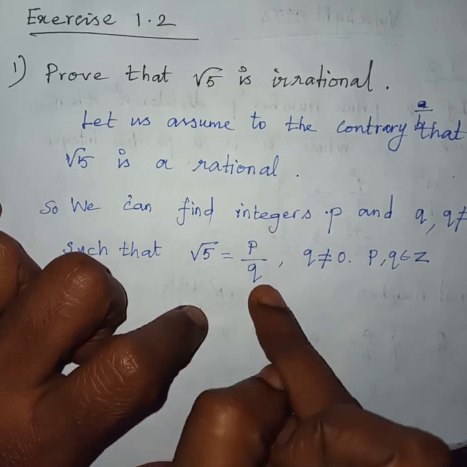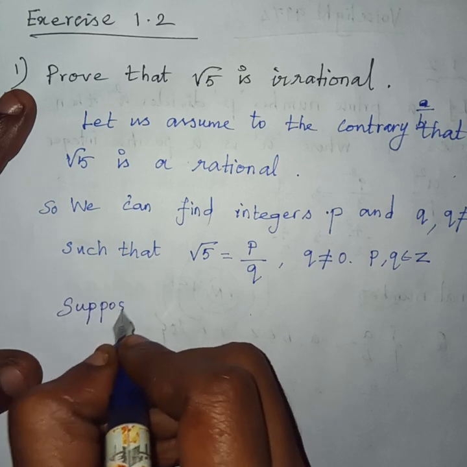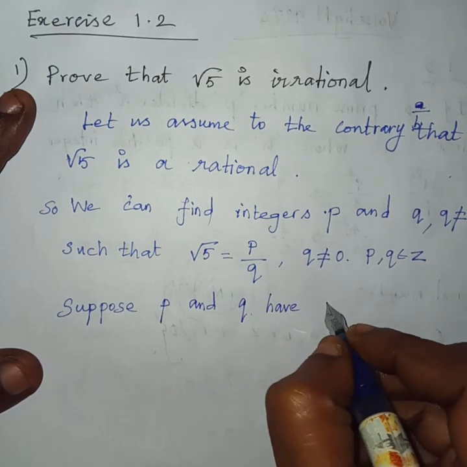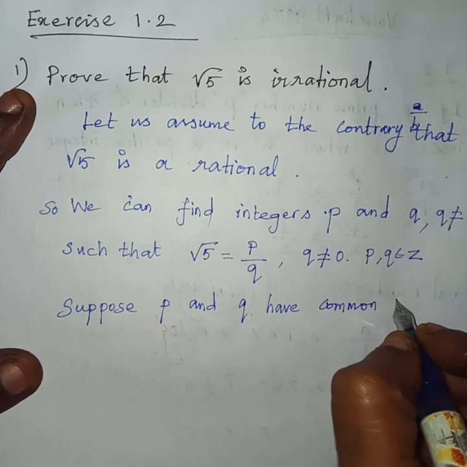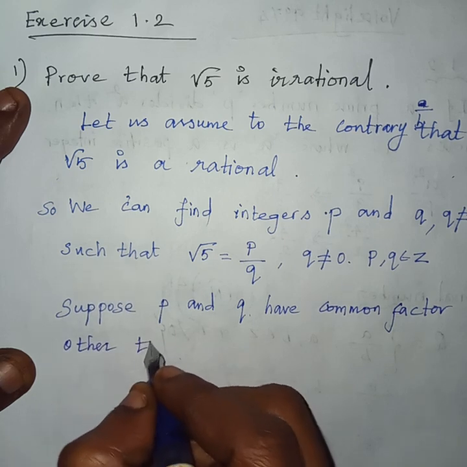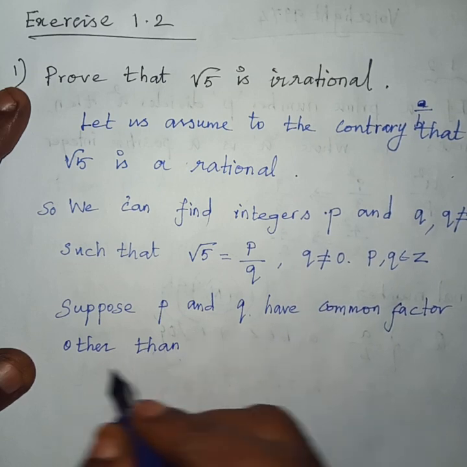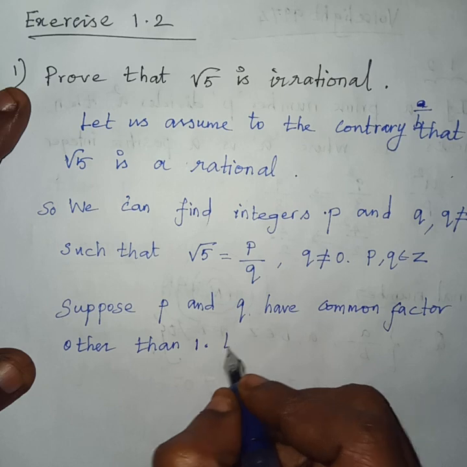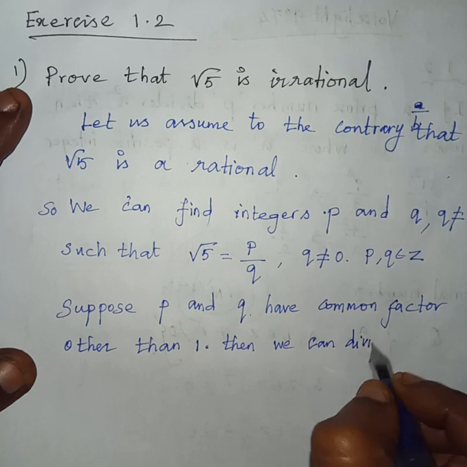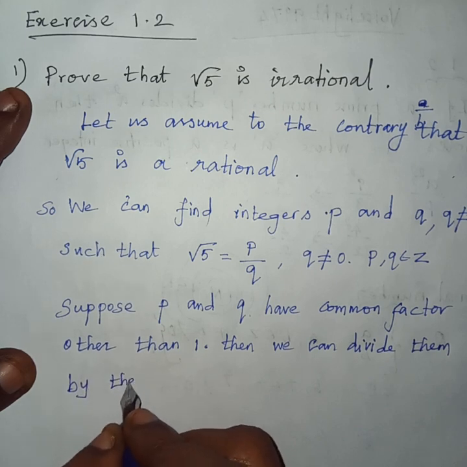Suppose p and q have a common factor other than 1, then we can divide by that factor. If there is only one common factor, 1, there is no need to divide. But if they have a common factor other than 1, then we can divide them by the common factor.